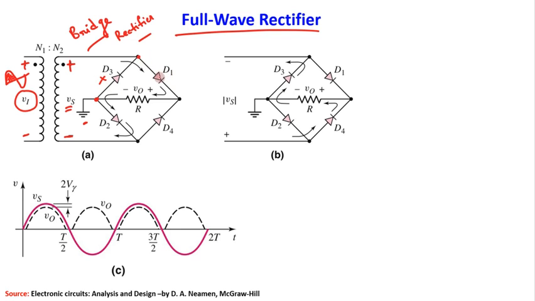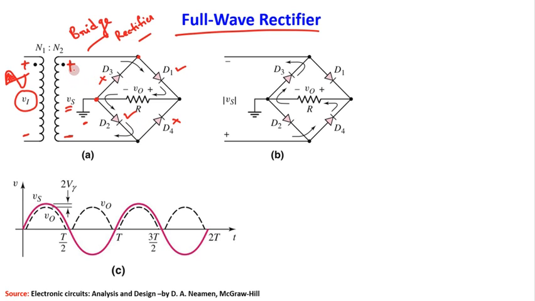D1 is connected with this P side, so D1 is on. Now let us look into this side. This is negative. Here this negative is connected with the P side, so obviously this diode is off. Here this negative is connected with this diode N side, so this diode is on, or forward biased.